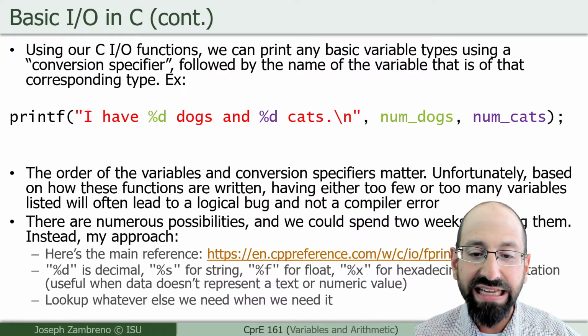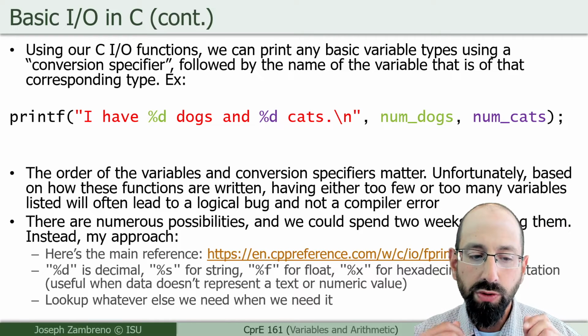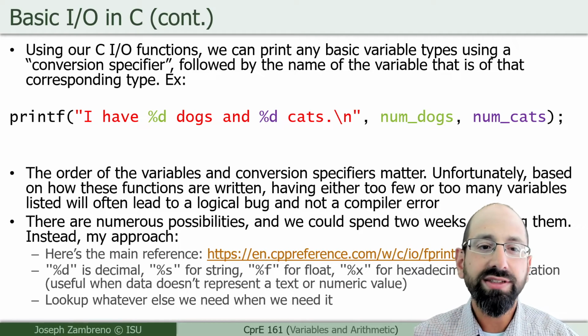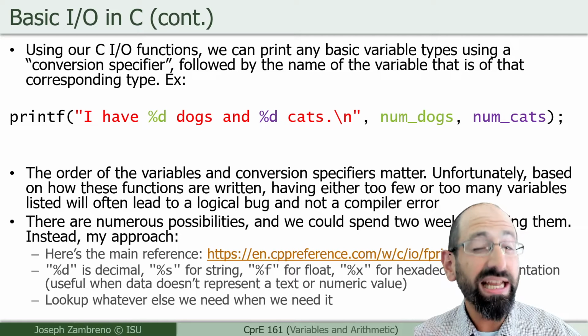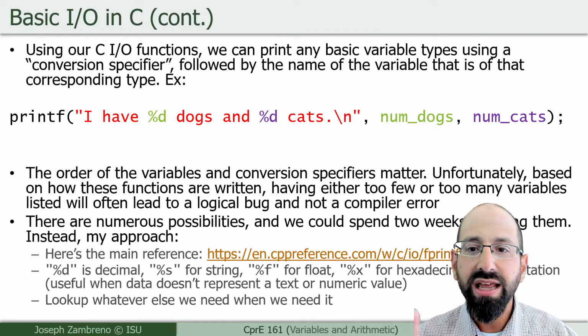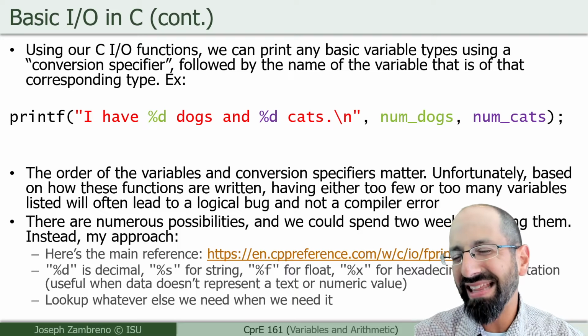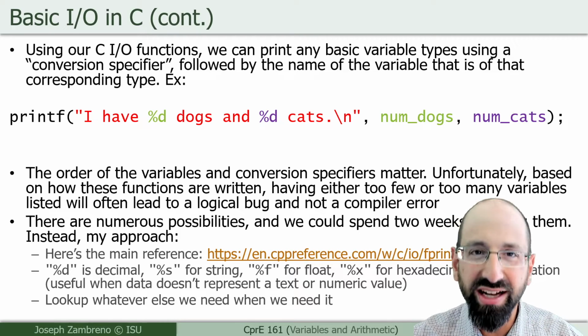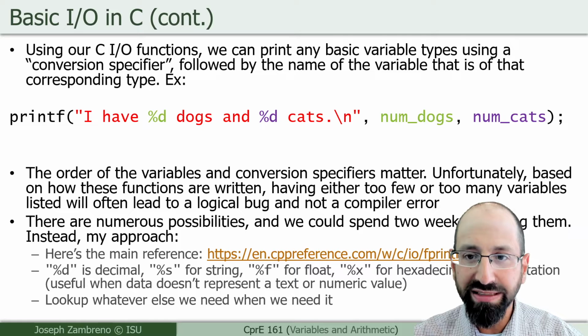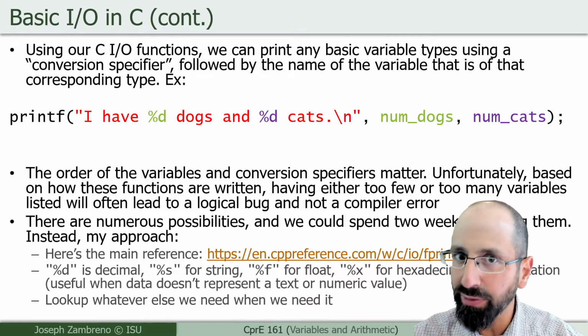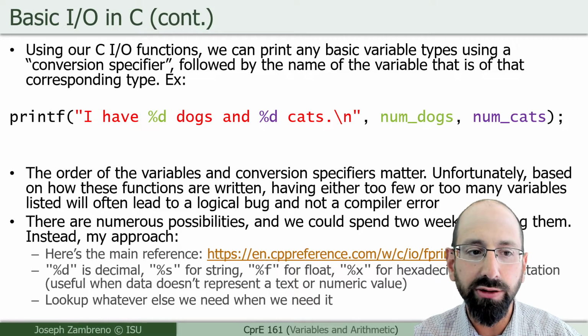So at least as a start for us, a good starting point would be %d for decimal, %s for string, we'll be using that early on, %f for float, and sometimes when we want to print data that doesn't really correspond to something numeric, we would want to use %x for printing out as hexadecimal, and we'll do a little bit of that later on in this particular learning module.